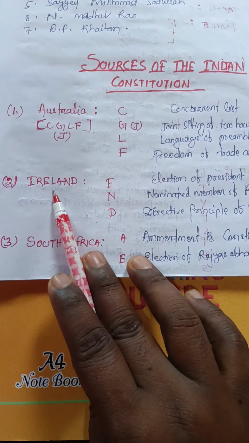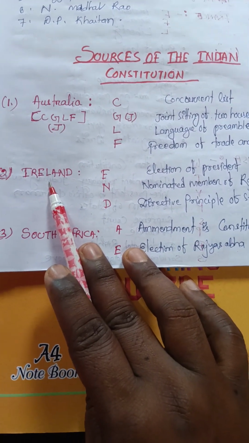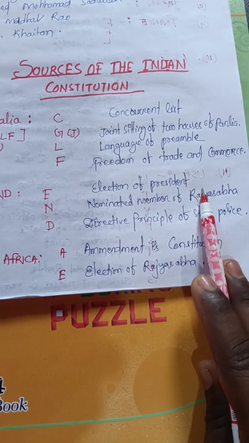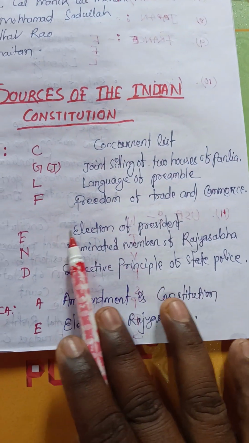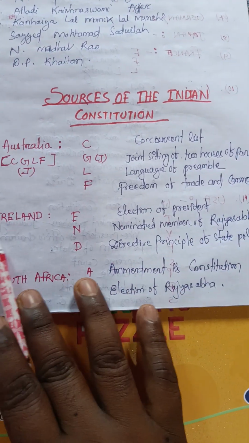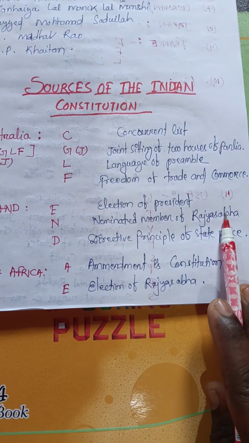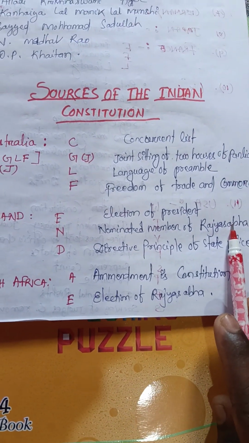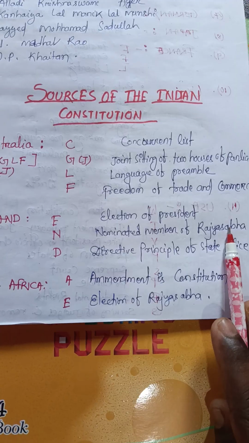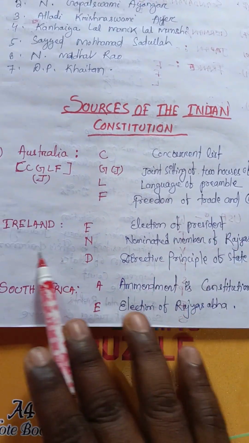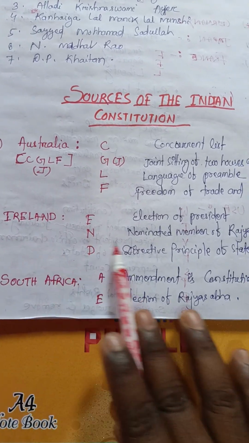If we talk about Ireland, the most important thing we borrowed is the election of the president. The procedure of election of the president was borrowed from Ireland. Next, nominated members of the Rajya Sabha. Some persons are nominated by the President to the Rajya Sabha, and this procedure we brought from Ireland.